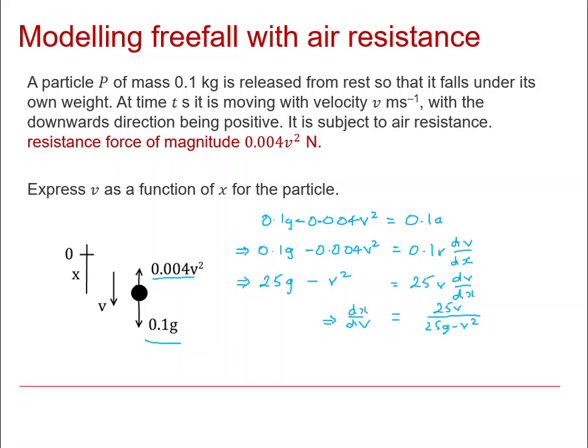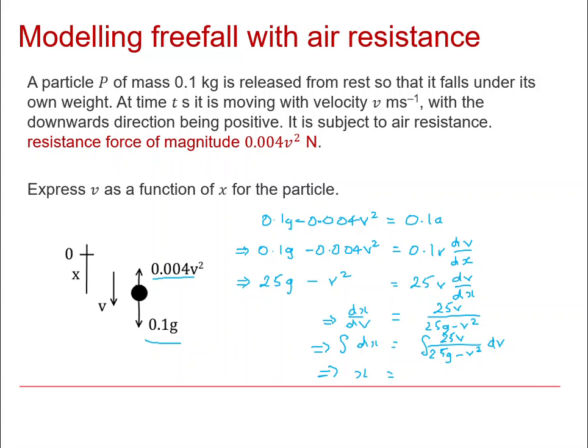That's the most sensible way to separate the variables, in which case I'll obtain on the left that the integral of dx is equal to the integral of 25v over 25g minus v squared dv. Well, that's really not all that difficult. On the left hand side, obviously not, that's just x.